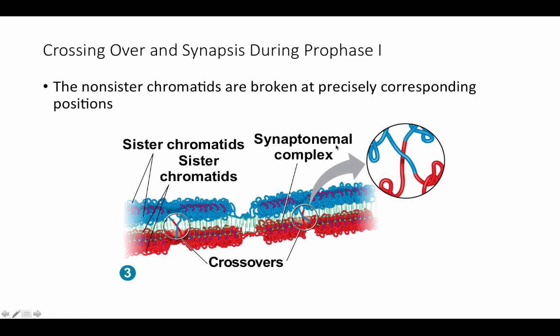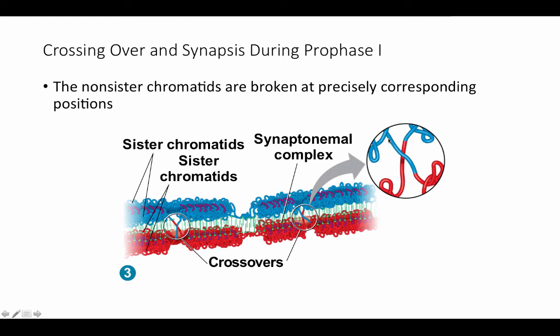So when I say that they're broken at precisely corresponding positions, remember that these two homologous chromosomes have all the same genes in all the same order, so the exact same loci. So these two chromatids are going to be broken in places with exactly comparable DNA sequences. They're going to be broken and they're going to switch.